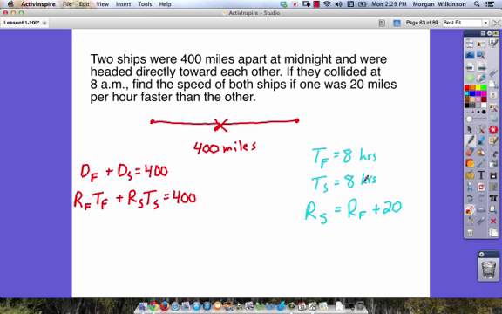Let's go ahead and substitute in now. T sub f equals 8. T sub s equals 8. Whole thing equals 400. And we know r sub s equals r sub f plus 20. So let's make a little bit more room here.